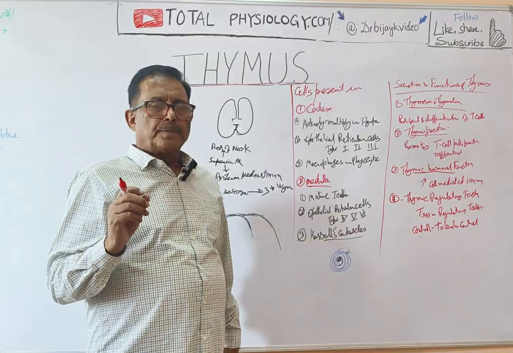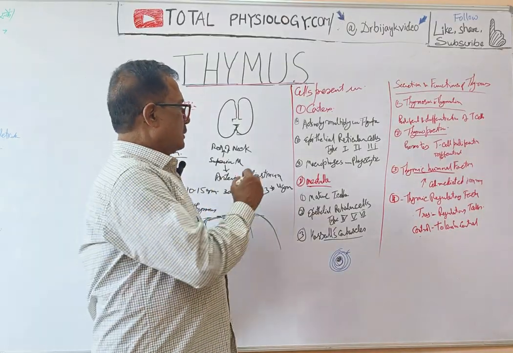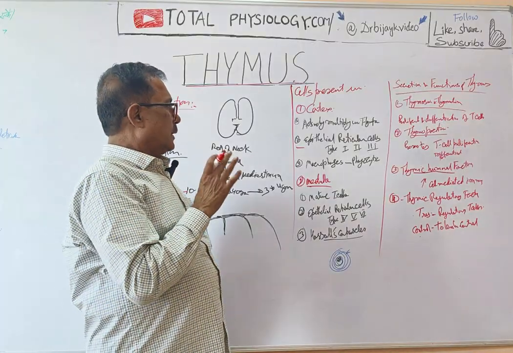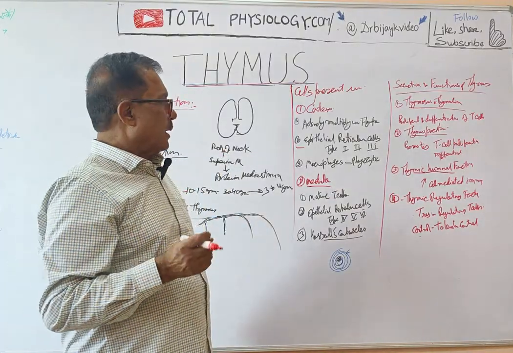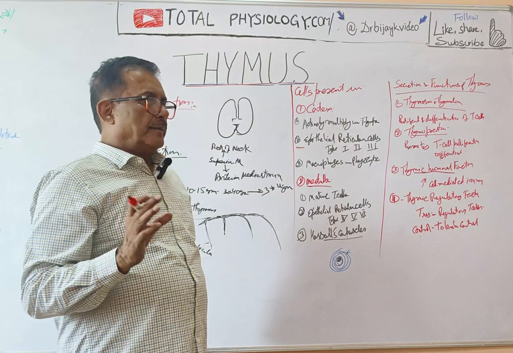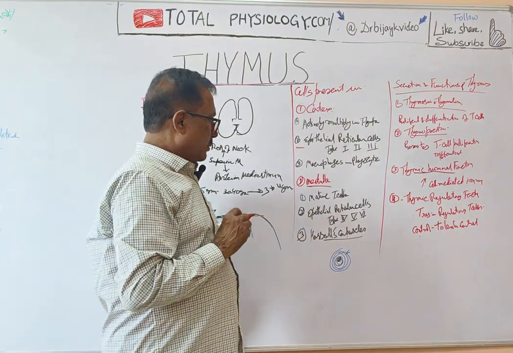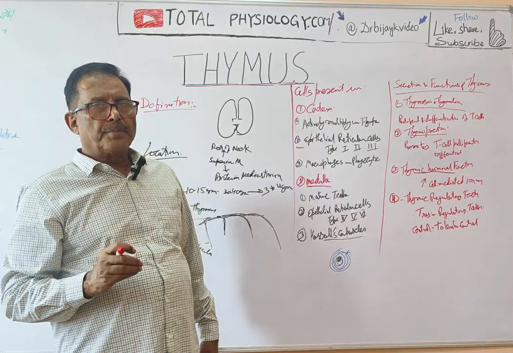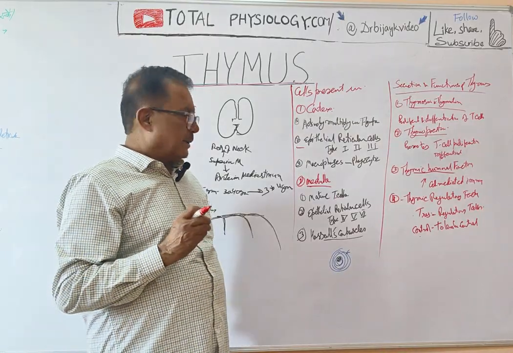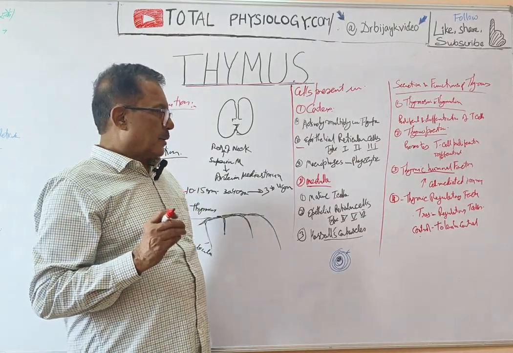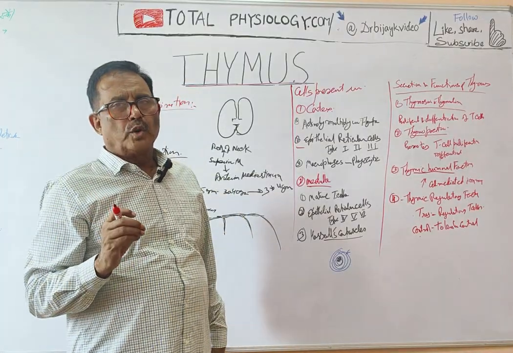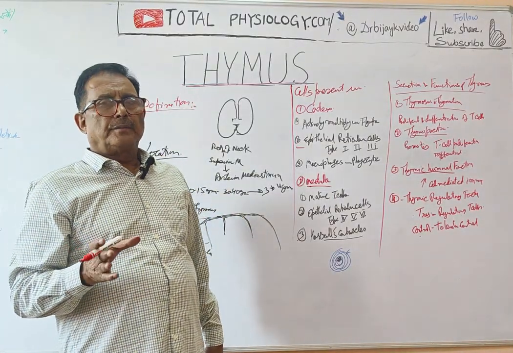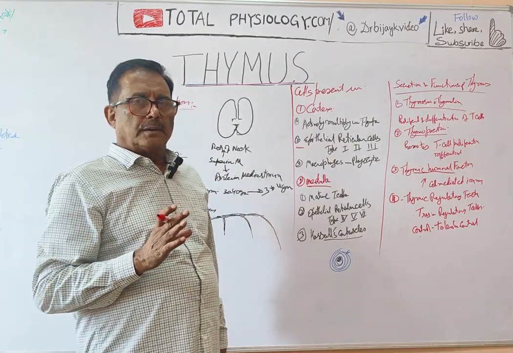Then epithelial reticular cells type 1, 2, 3 are present in the cortex, and then macrophages, which are very actively phagocytic cells. Then coming to the medulla, mature T cells are present, but they are less in number, and epithelial reticular cells type 4, 5, 6. And then Hassall's corpuscle, which is very specific to the gland.